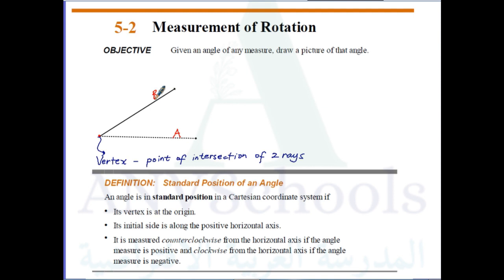A ray is composed of a point at one end and an arrow on the other end. So we have two rays here, and they converge at one point, which is called the vertex, and therefore they form an angle, right?